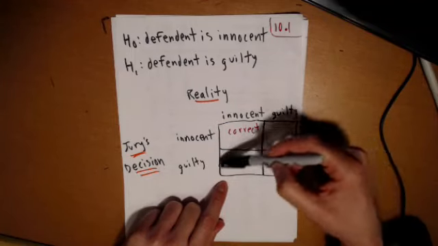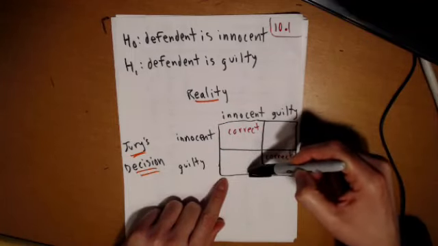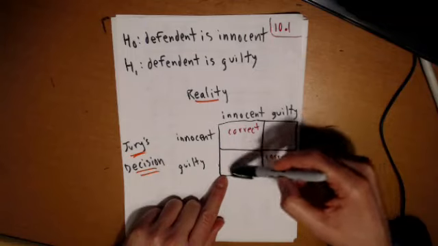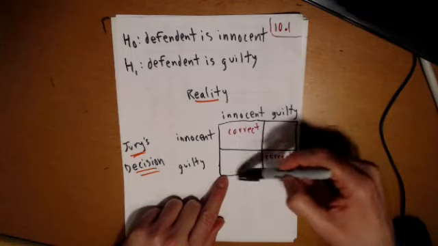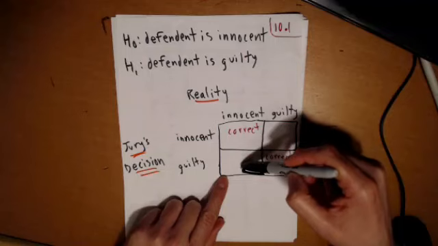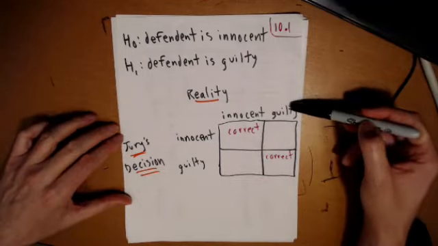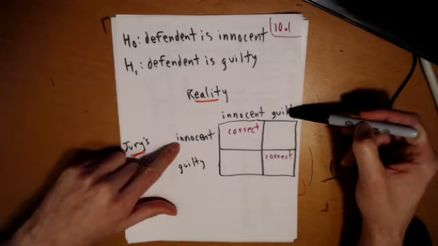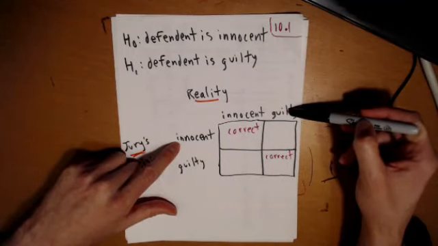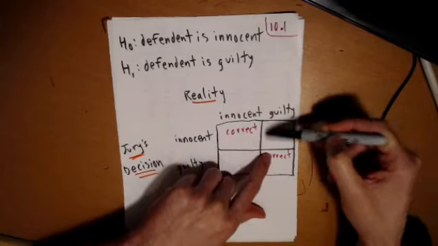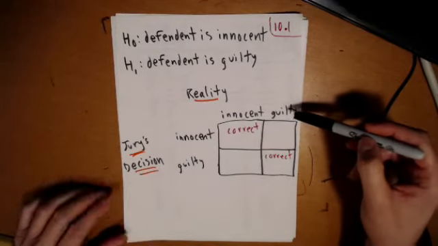So that might be like the movie, you're probably all too young, Shawshank Redemption. Innocent guy gets thrown in jail. The other situation is in reality the person is guilty, but the jury says they're innocent. So that might be, I don't know, maybe OJ or something.